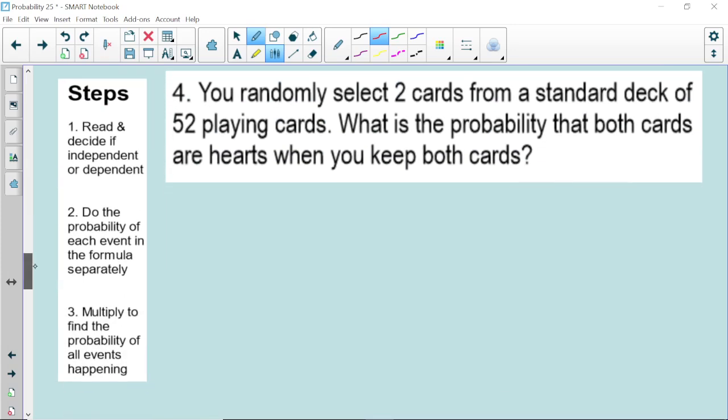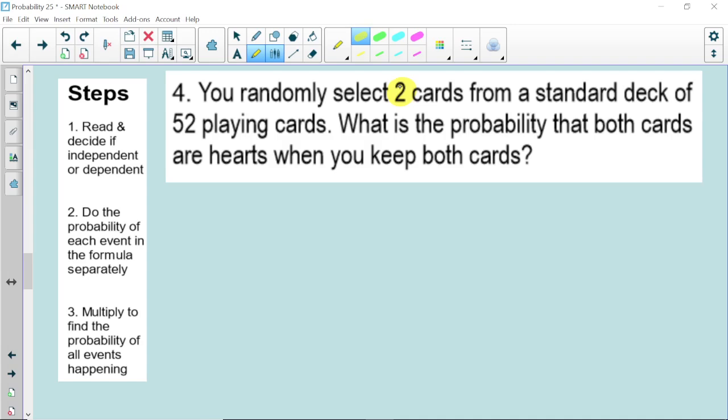All right, let's jump up to the top right now and look at number 4. You randomly select 2 cards from a standard deck of 52 playing cards. Again, 2 cards are being picked. That is 2 events.